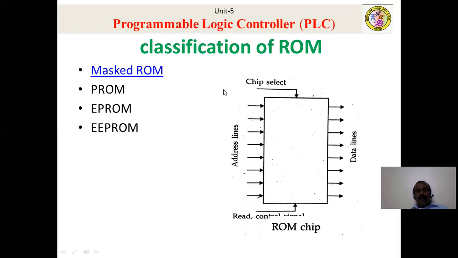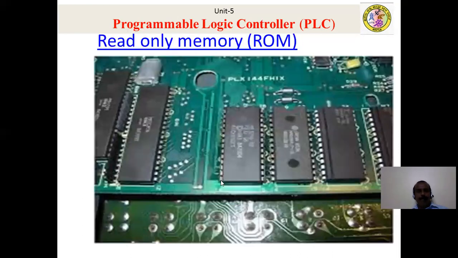The block diagram of a ROM shows address, 8-bit address line, 8-bit data line, chip select pin, and read pin. It has no write pin here. This is the location of ROM, read-only memory, in the motherboard.